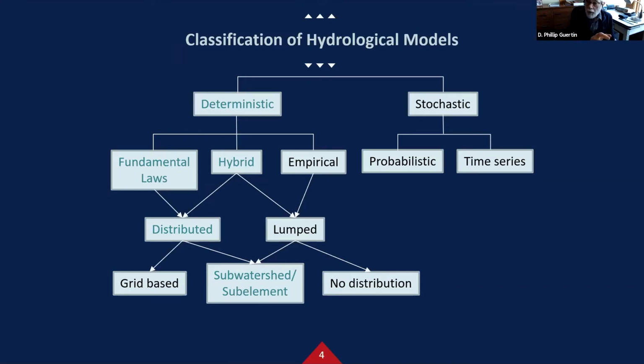Both KINEROS and SWAT are distributed models. And what that means is that we can go to a watershed and characterize that watershed using different modeling elements. In KINEROS, that modeling element can be conceptualized as a hill slope plane, whereas with SWAT, it's a sub-watershed of the larger watershed that you're modeling.